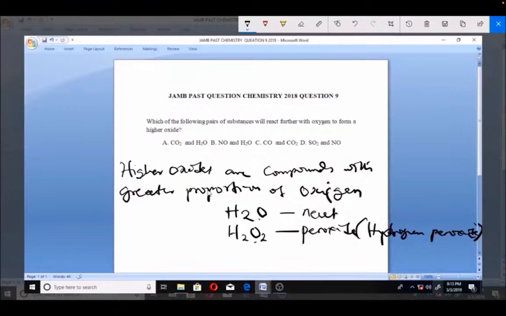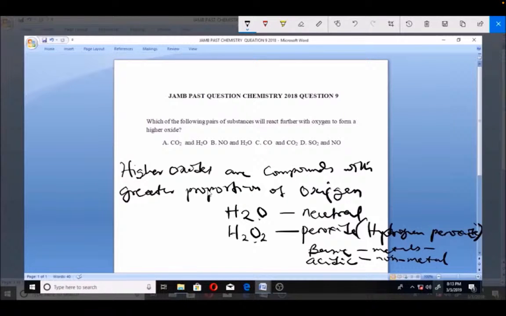You should know that we have neutral oxide, we have higher oxide, we have basic oxide, we have acidic oxide. The ones that are from non-metals form acidic solutions, and the ones that are from metals form basic solutions.